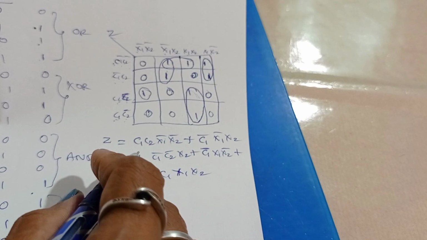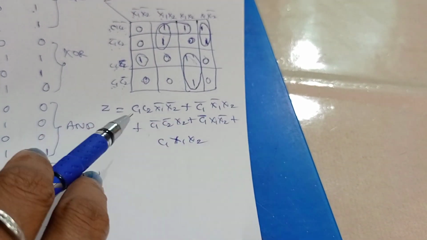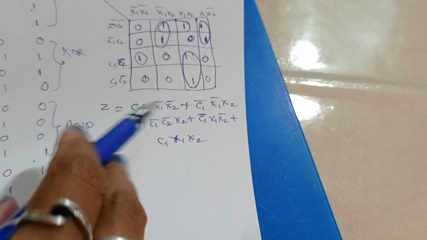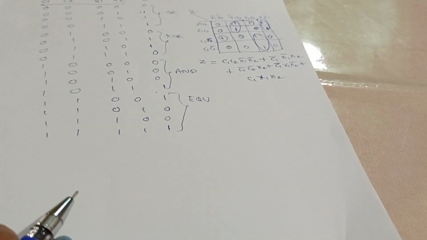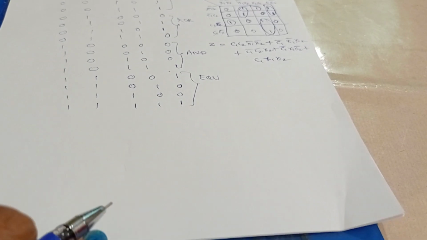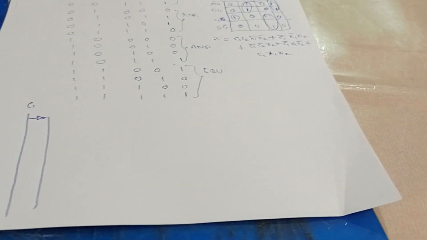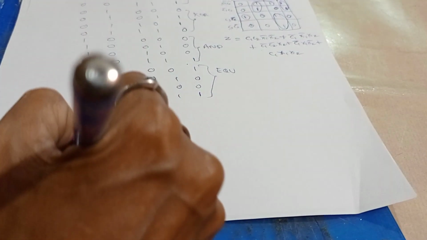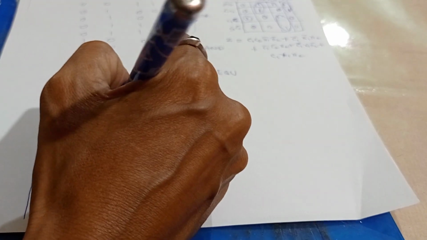So now for this AND-OR gate circuit, we need C1, C2, X1, X2 as inputs. So take the inputs C1, use a NOT gate for C1 bar, C2, next X1.